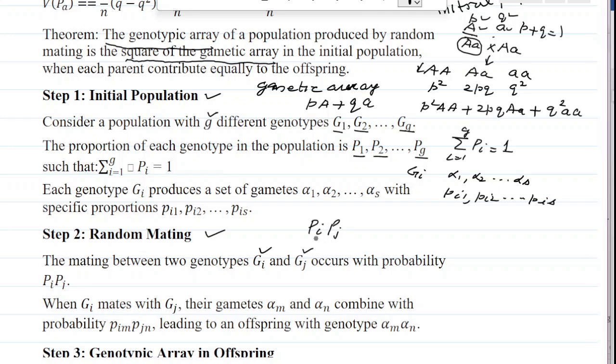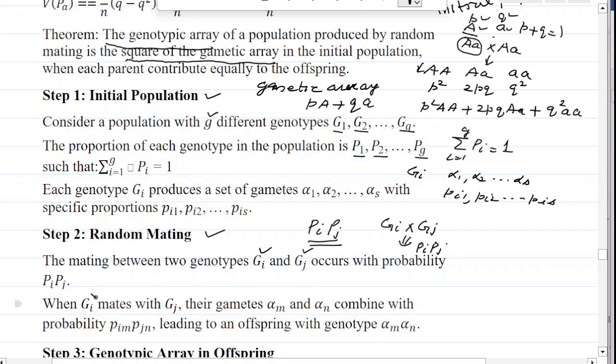So we just multiply these proportions in order to get the probability of their mating. Meaning if Gi is crossed with Gj, then the proportion I will get is Pi Pj.